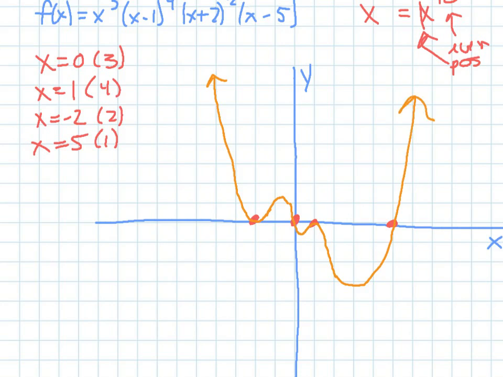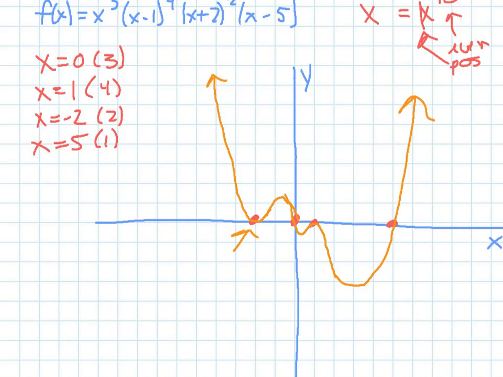So recap, at -2 there was an even amount, so I touched and went back from where I came. But then I have to eventually come back to 0. And then at 0, it was odd, so that means it's going to go through. The next one's really close afterwards because it's 1, but 1 has 4 at it, so it's going to touch that 1 and go back.